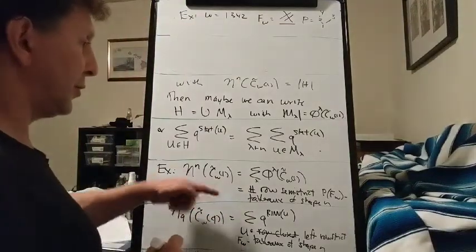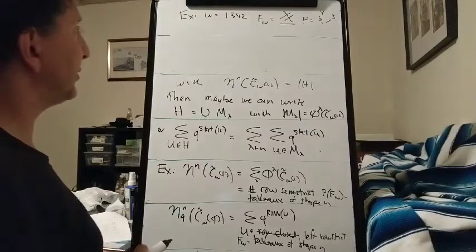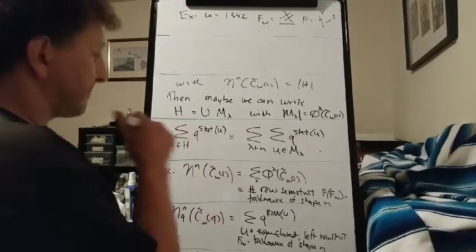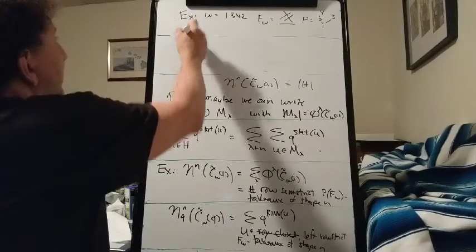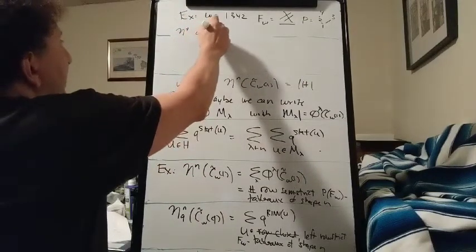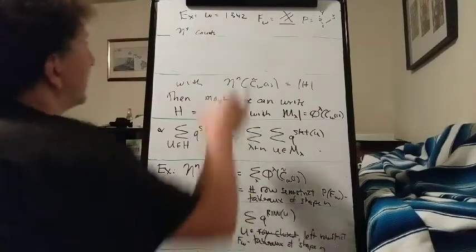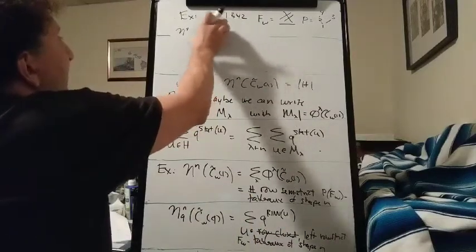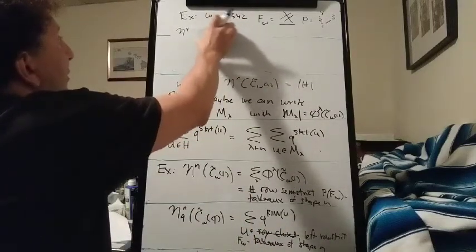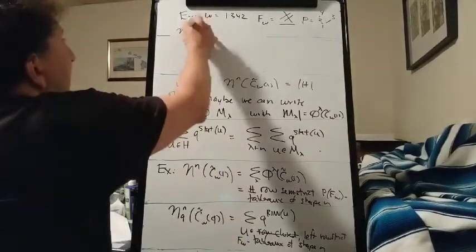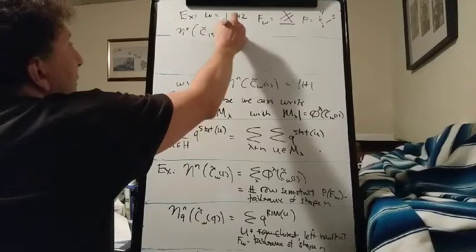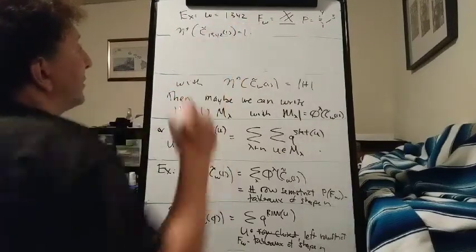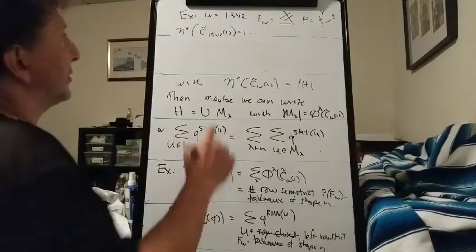So if we look at row semi-strict PFW tableaux, that is, eta 4 counts, I'll just say eta 4 of C1342 equals 4 because of 4 tableaux that we can draw.